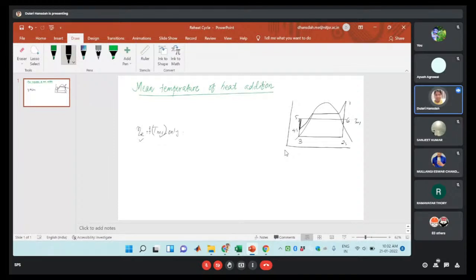This is the diagram for the Rankine cycle where we have shown the mean temperature. This is the mean temperature line. We have drawn the diagram in such a way that the area under 4s and 1 is equal to the area under 5 and 6.